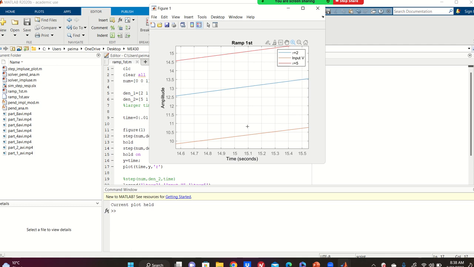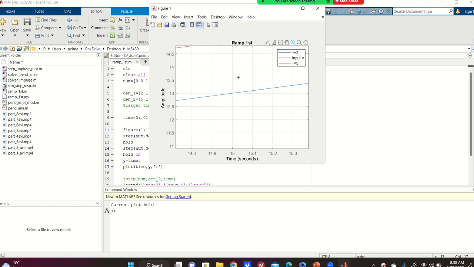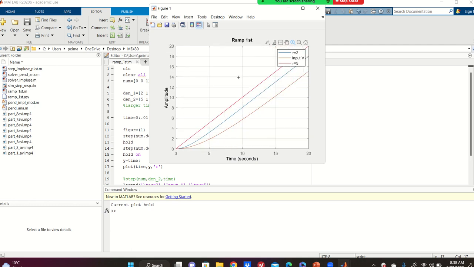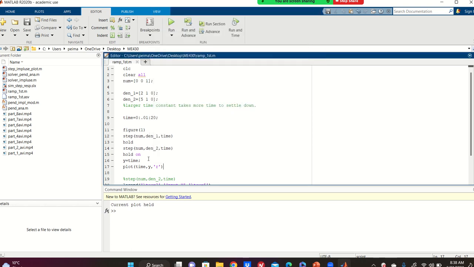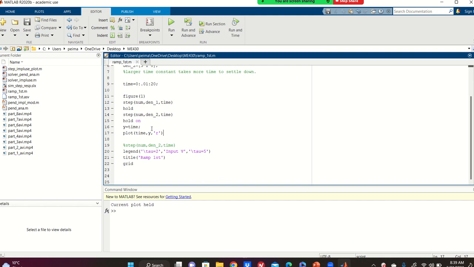The difference between the voltages is 2 versus 5, because I increased the time constant. Okay, here we go. And obviously, if I decrease the time constant to 1, you're going to have a line between them. You are decreasing the error signal. Clear? Yes?